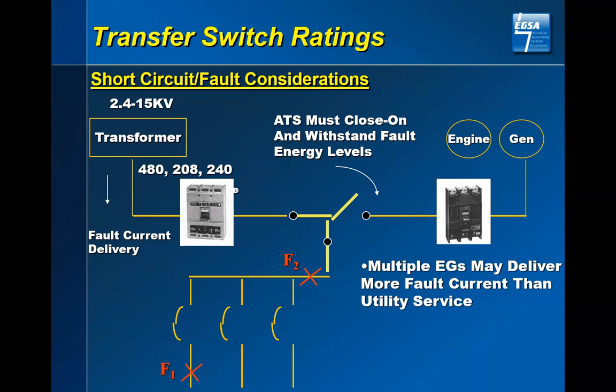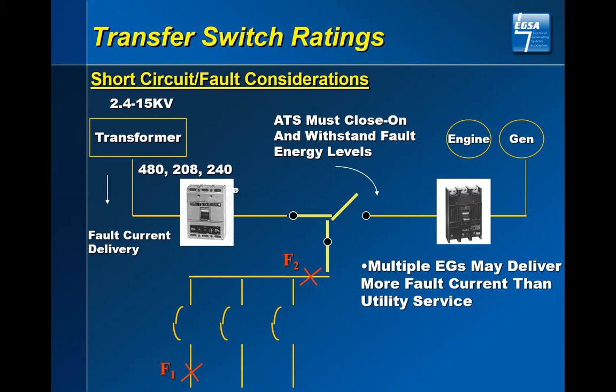I want that breaker to open. The problem is I'm going to disconnect everything downstream. If I'm downstream where the F1 is, now we get into what's called selective coordination. I want that breaker just above that F1 condition to only open that circuit.